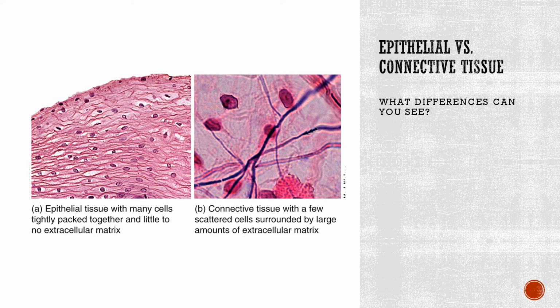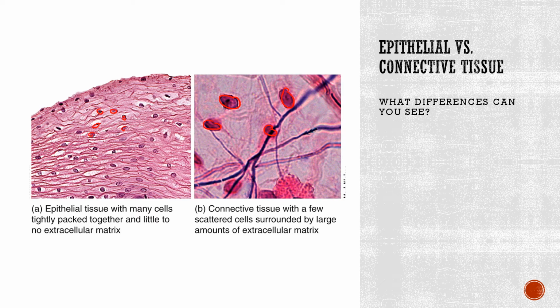Whereas in the connective tissue on the right, there is a large amount of extracellular matrix separating the cells that are usually very widely scattered. So we only see a couple of nuclei here and a lot of extracellular matrix around them, whereas on the left here, there are a ton of nuclei everywhere.